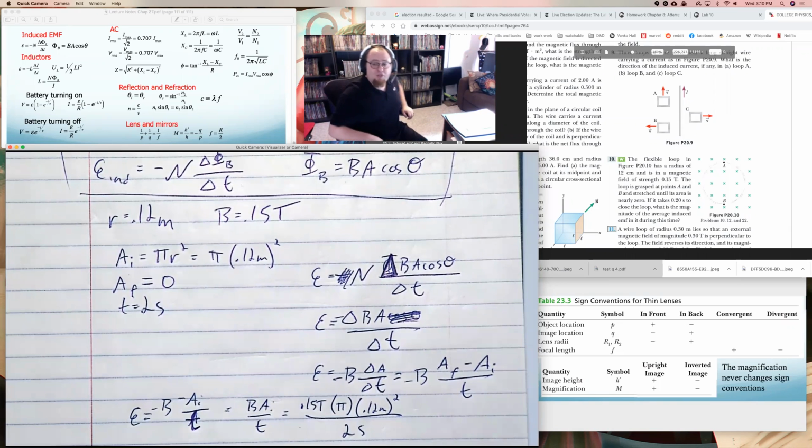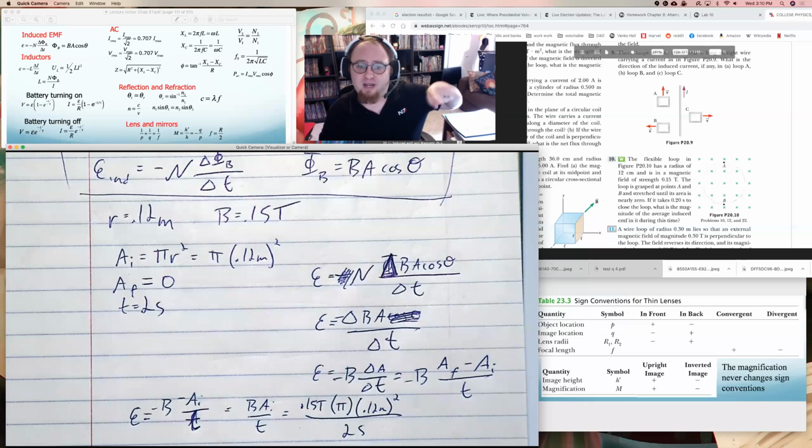Now, most of the time, I'd also ask for direction. Induced EMF will oppose any movement. Direction of EMF is kind of complicated, but we could say the direction of the current. Here we're decreasing the magnetic flux because we're decreasing the area. If we're decreasing the magnetic flux, this will try to induce a magnetic field to oppose that.